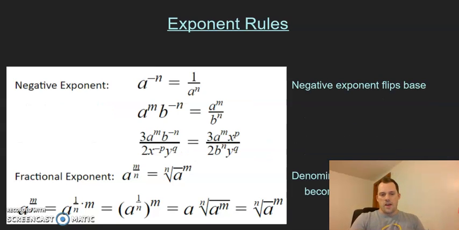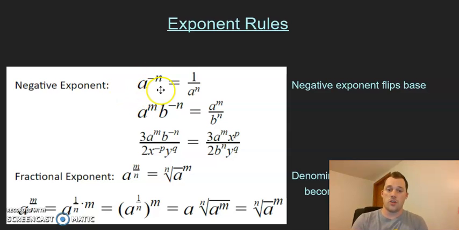And then the negative exponent, if we have an exponent with a negative sign, it's not simplified. So kind of like with a 0 exponent, we don't want a negative exponent in our final answer if we're trying to completely simplify. So that negative exponent takes the base and flips it.